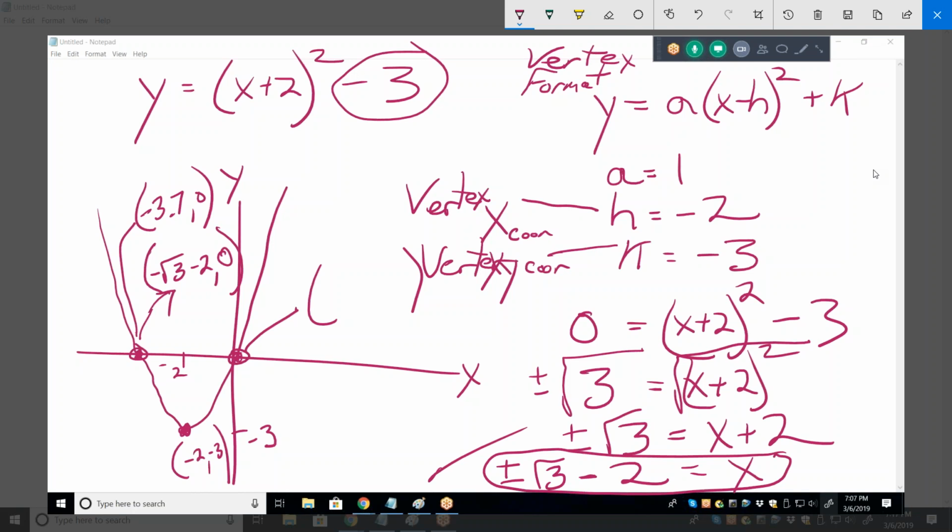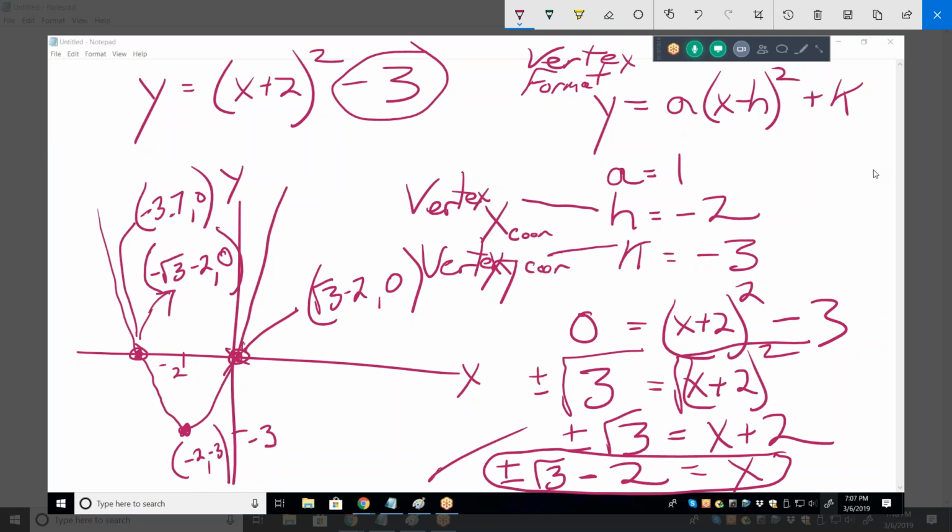I know the left one is going to be the negative, because that's going to be a bigger negative value. I can see from my drawing that this right intercept is going to be a higher number than the left intercept, right? So it's the plus root 3. So I would write that as plus root 3 minus 2, comma 0.